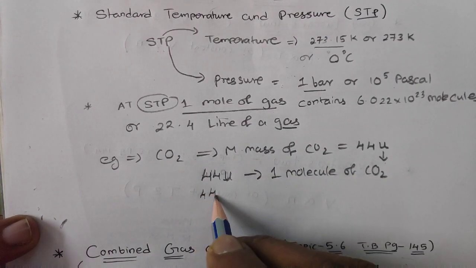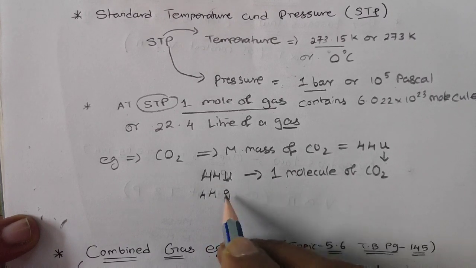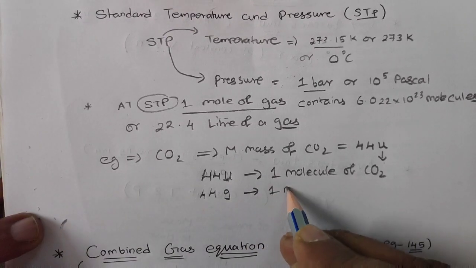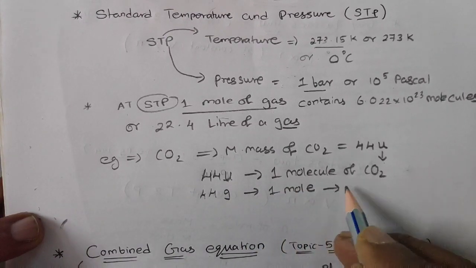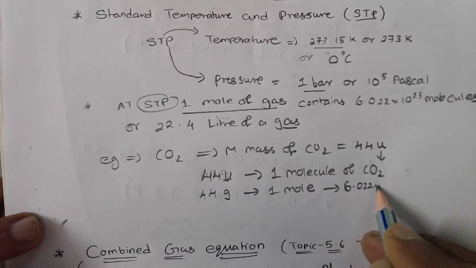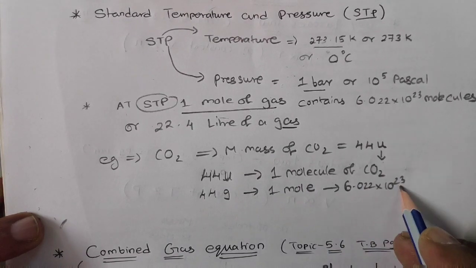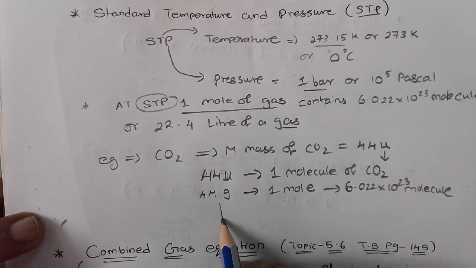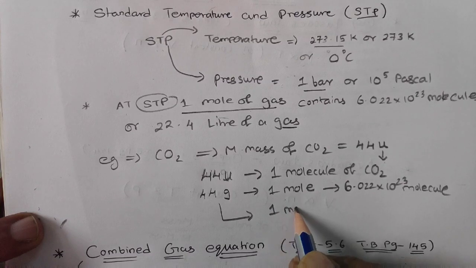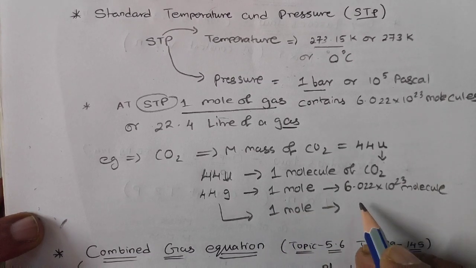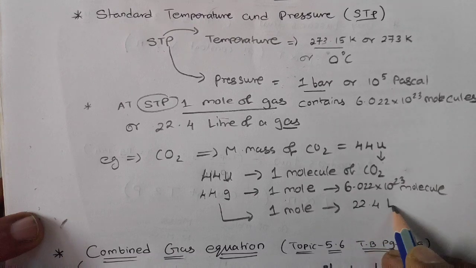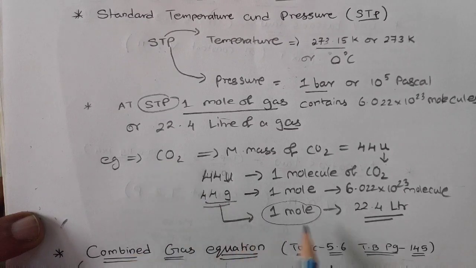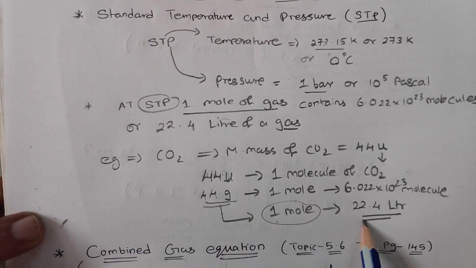But when I talk about this unified mass converted into gram, or molar mass, what we say, 44 grams contain 1 mole, and 1 mole is equal to 6.022 into 10 raised to 23 molecules, and this same 44 grams contain 1 mole, and that will have how much liter of gas? So it will have 22.4 liter of that CO2 gas. 1 mole, that is 44 grams of CO2, contains 22.4 liter.